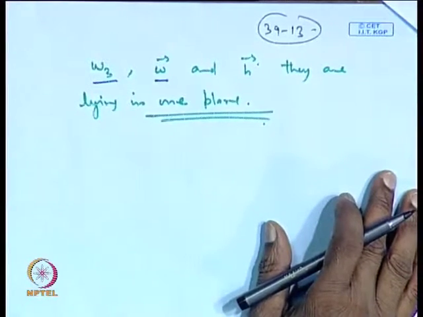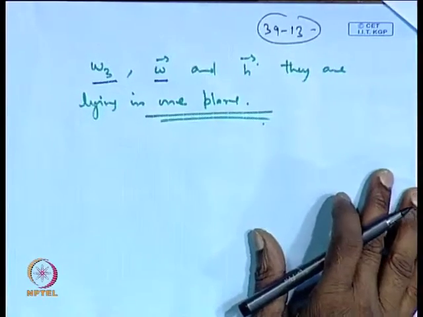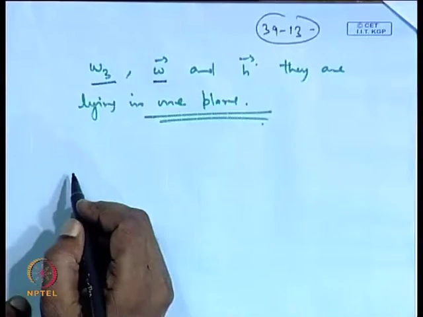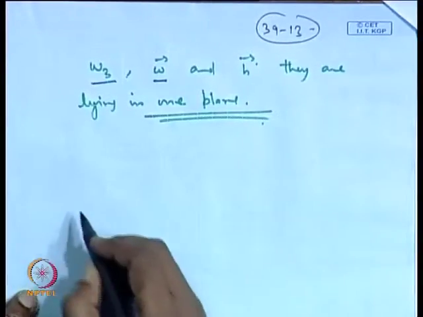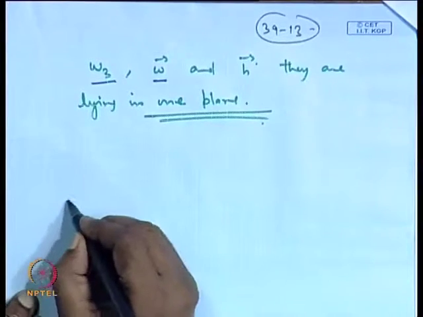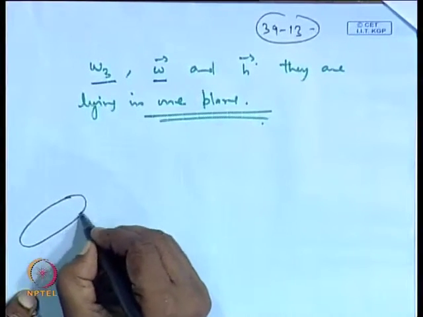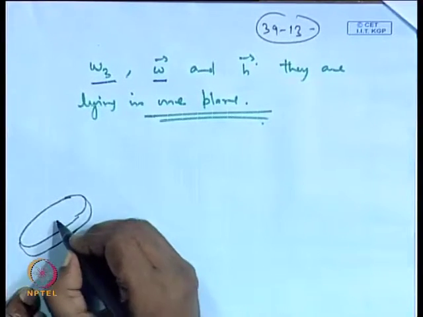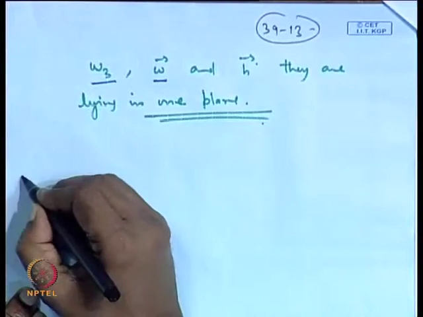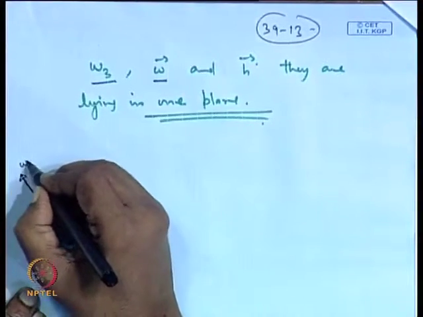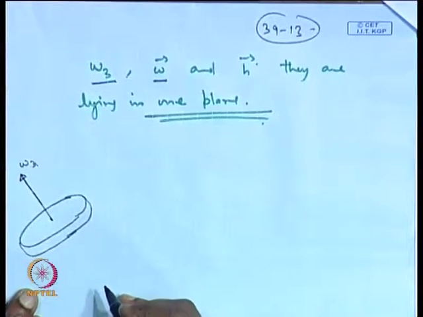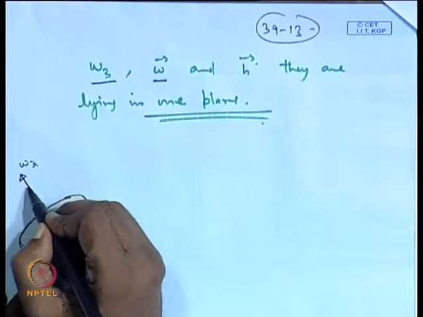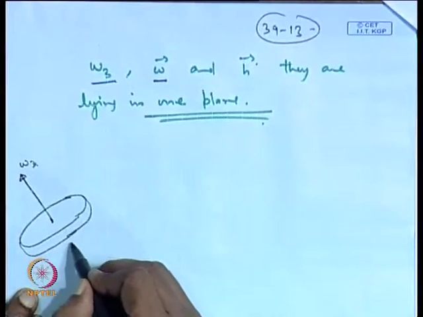Okay, once we have done this, let us consider a case of a disk. This is your omega 3 shown this way. So, it is rotating about this x.